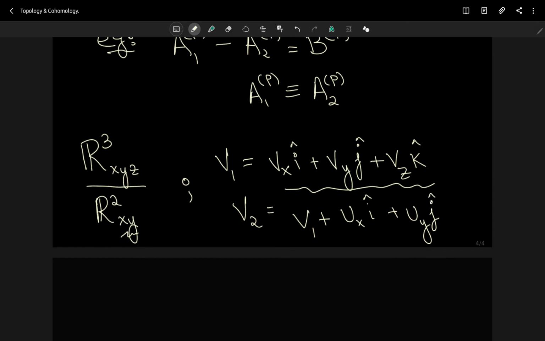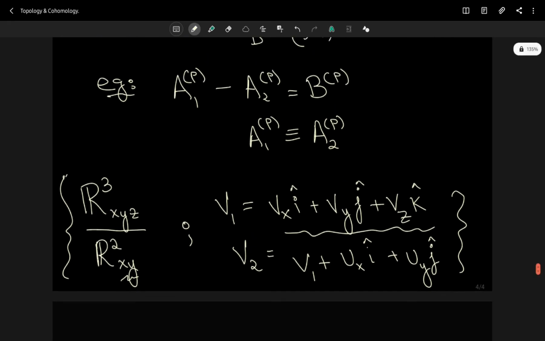Well, if you have this, so your R3 is quotiented by R2, then these two vectors in a quotient space are considered the same. That is what I meant by this thing.